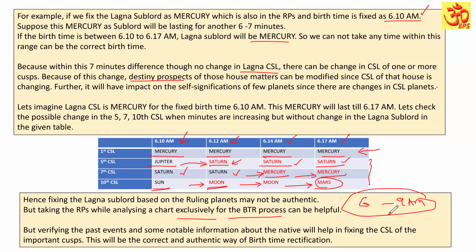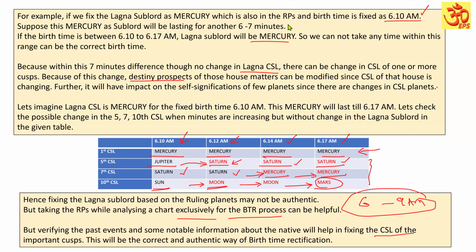I think we're able to understand. But verifying the past events and some notable information about the native will help in fixing the cuspal sublord of the important cusp. This will be the correct and authentic method of birth time rectification. I think you are able to understand.